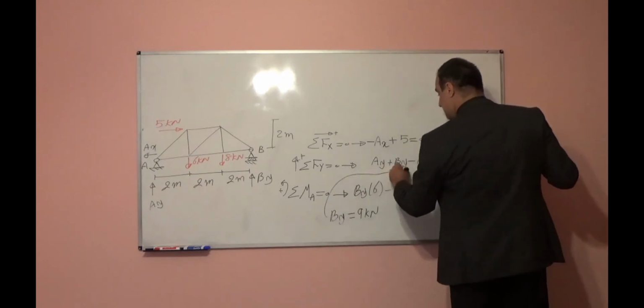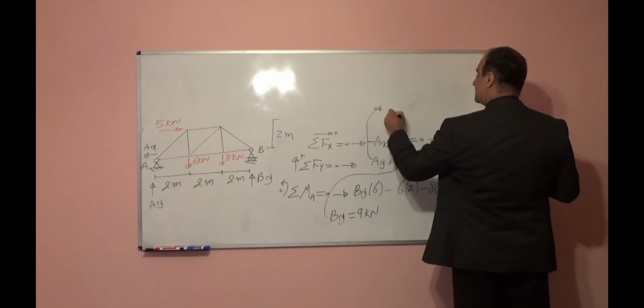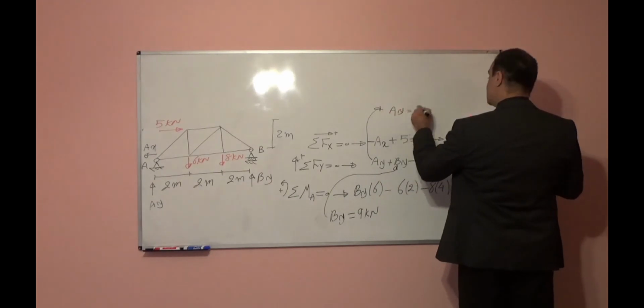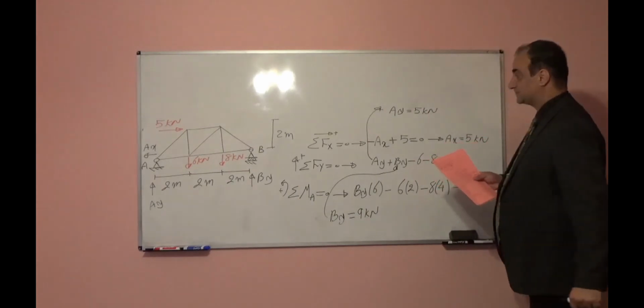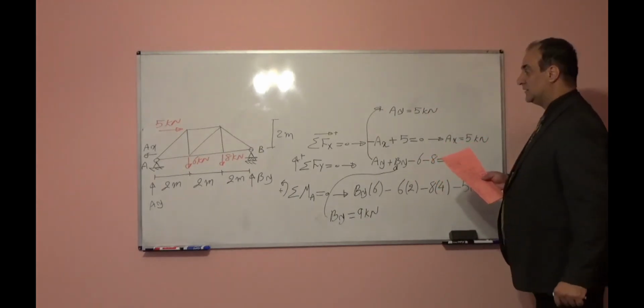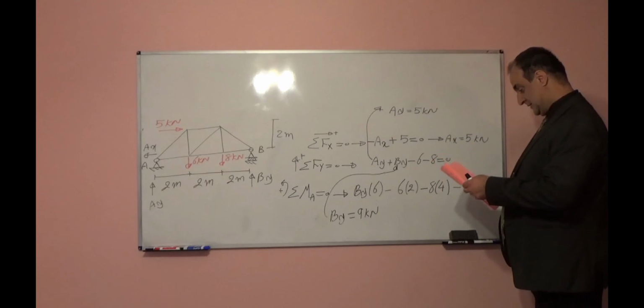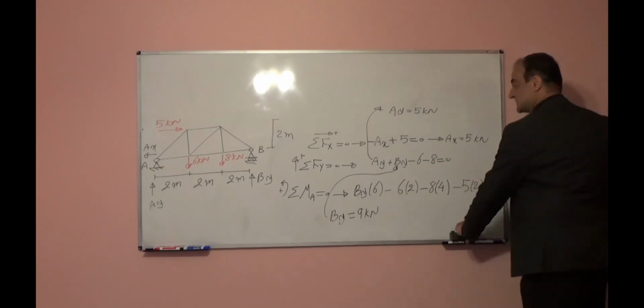If you plug here you will find AY will be equal to 5 kilonewton. Okay, next example.